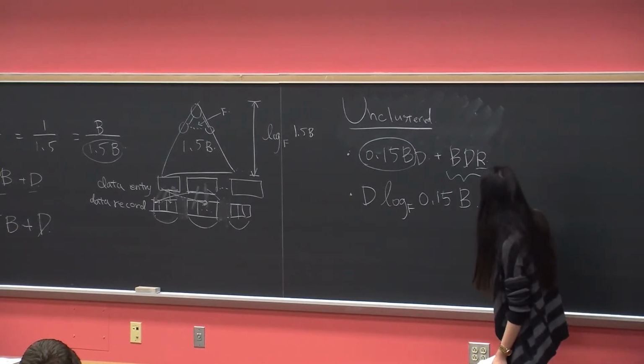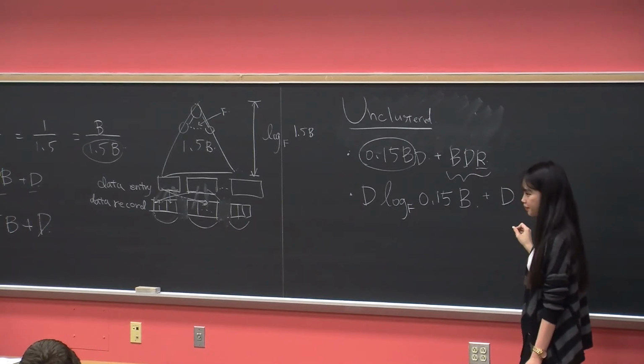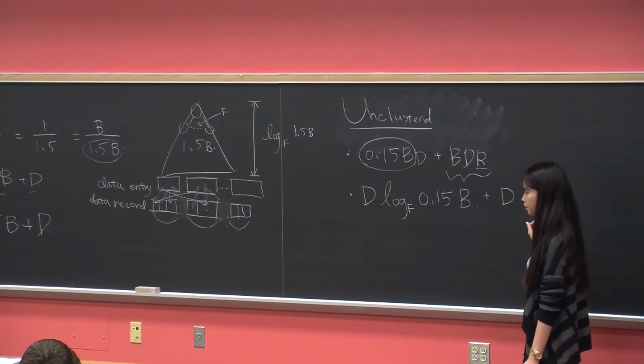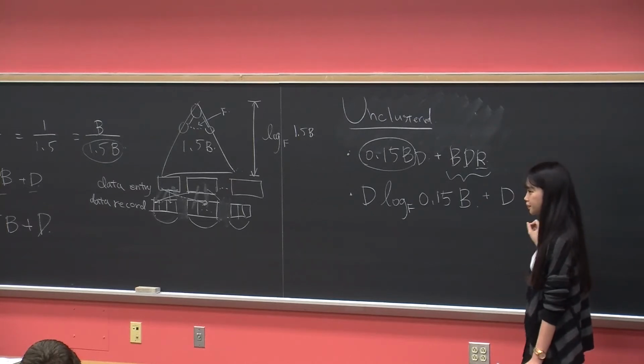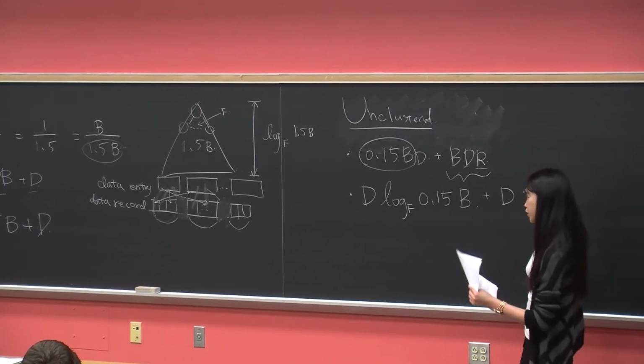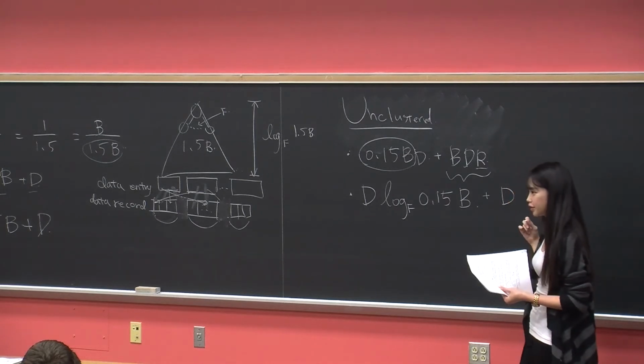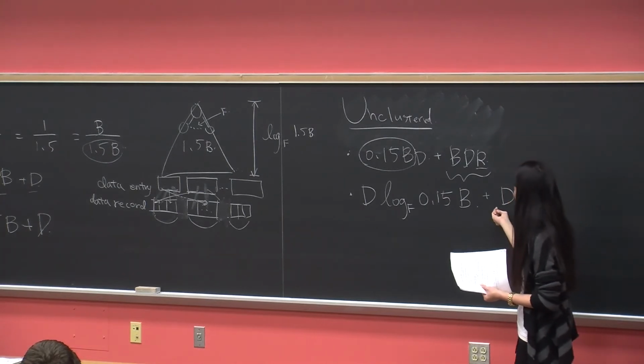But here we take an extra D cost. Why is that? Anyone? Now, if you recall earlier the difference, major difference between cluster and uncluster, then why do we need a D?